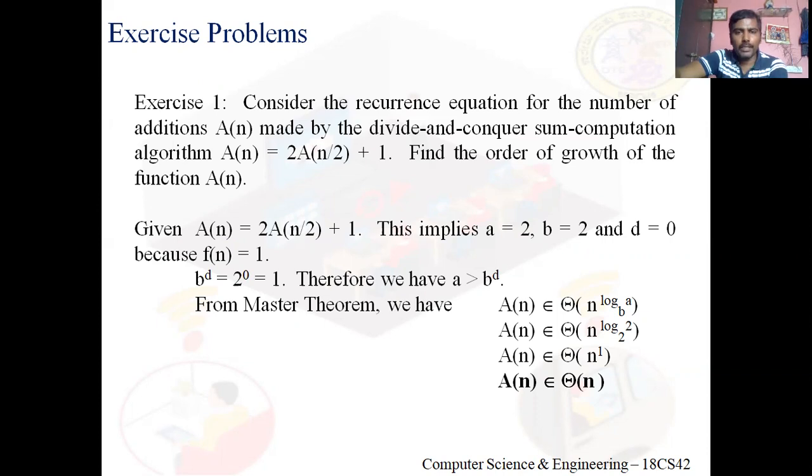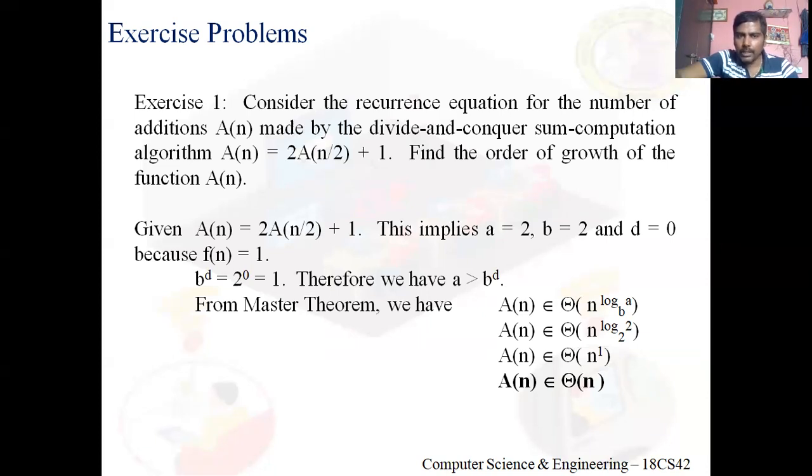And f of n in this case is 1. f of n equals 1 means it's a constant function, and the degree of this f of n is 0. Very clear, right? You know how to identify the degree.